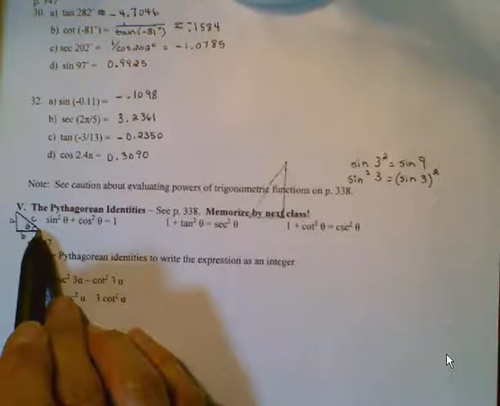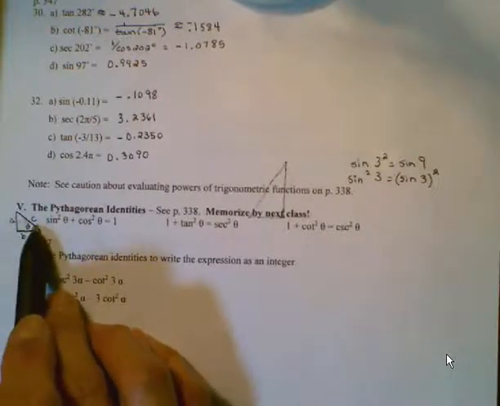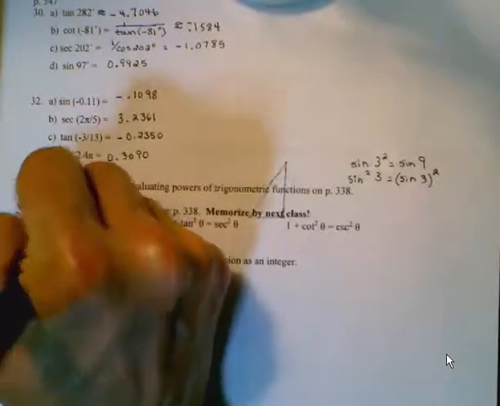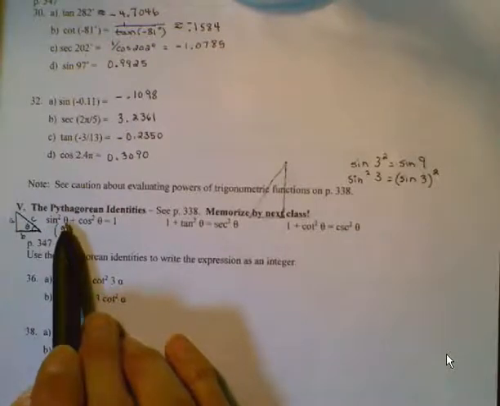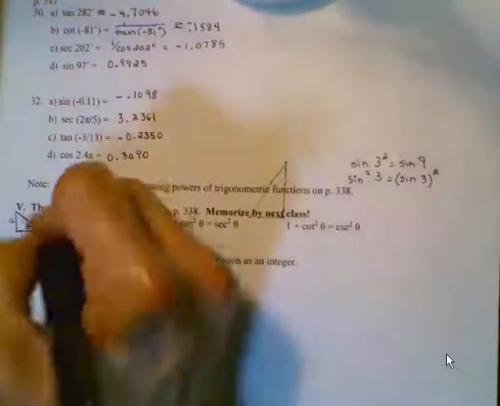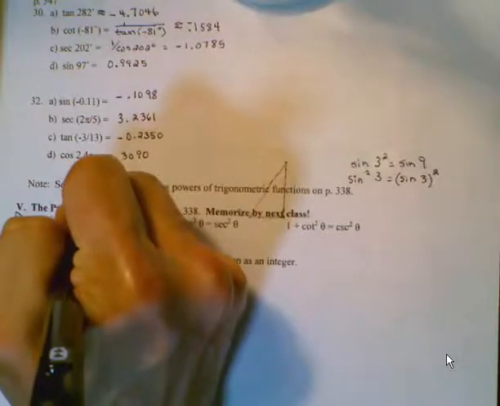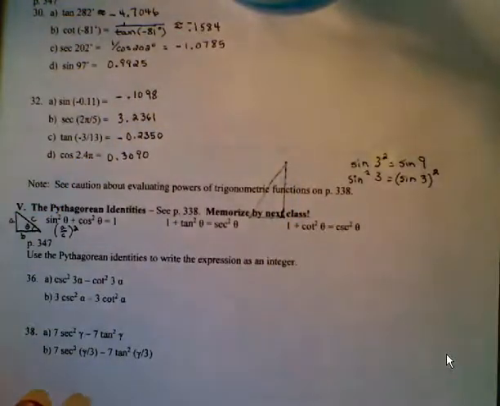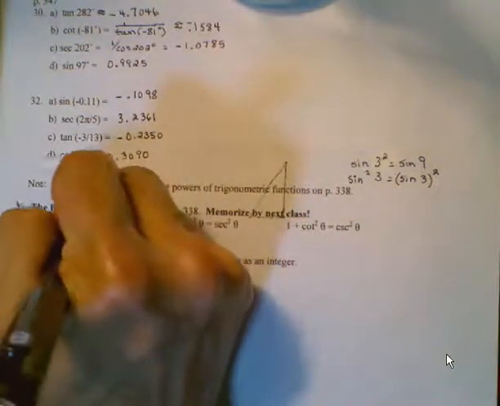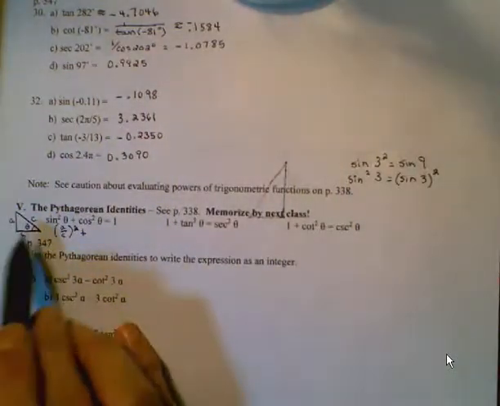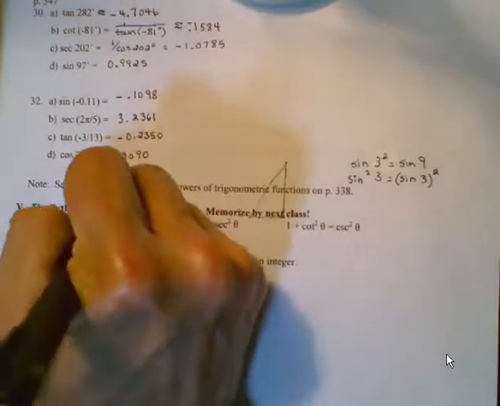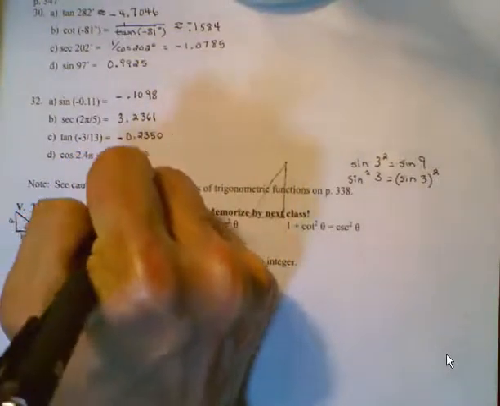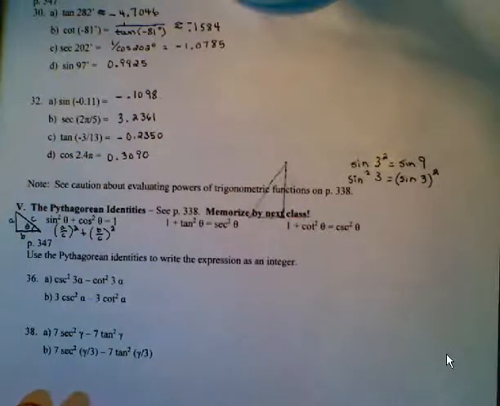Well, sine of theta is opposite over hypotenuse, so A over C. And then notice it's that being squared, not the theta. This is sine of theta, so we want to square the sine of theta. And for cosine squared, we would take the ratio of adjacent over hypotenuse, B over C, and square it.